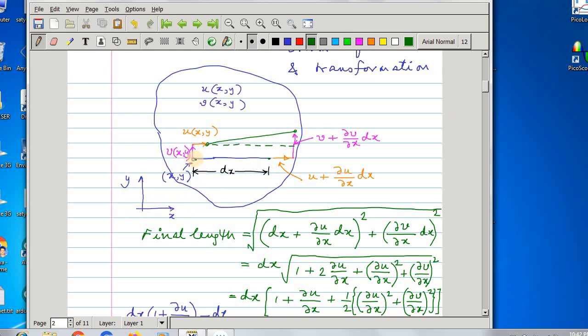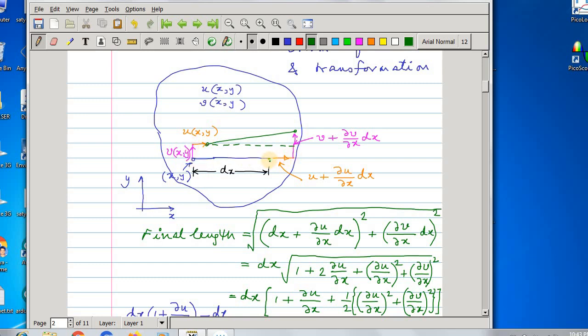After deformation, this point comes here, and it has a displacement in the x direction and a displacement in the y direction. The displacement in the x direction we call u, and in the y direction v. Both are functions of x and y. The orange one is u and the pink one is v.